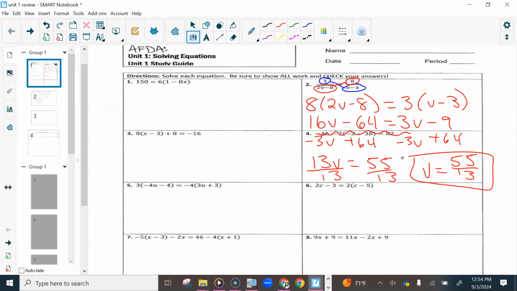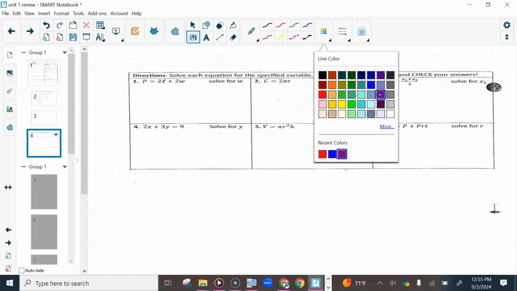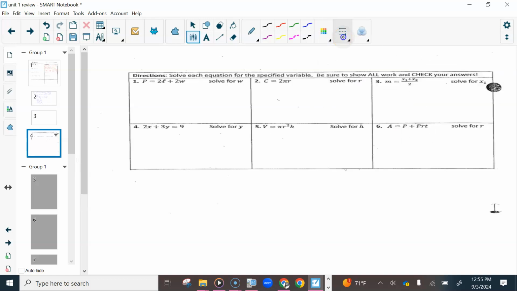Number 5, you said? Okay. So on the back of this, number 5, this one's kind of like the problem number 11 that we did.